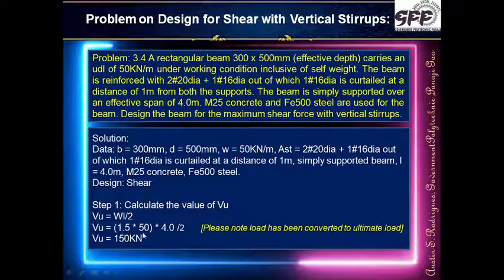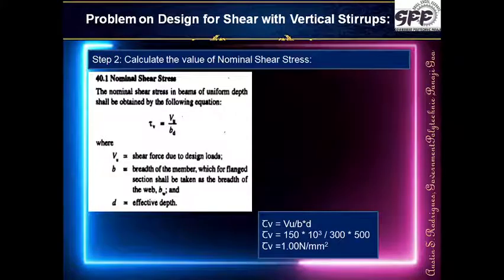So we get 1.5 into 50 multiplied by the effective span of 4 meters, divided by 2. That gives me the value of Vu as 150 kilonewton. Please note that this 1.5 converts the load to the ultimate load. So we get the ultimate shear force acting at the support as 150 kilonewton. Going to step number 2.